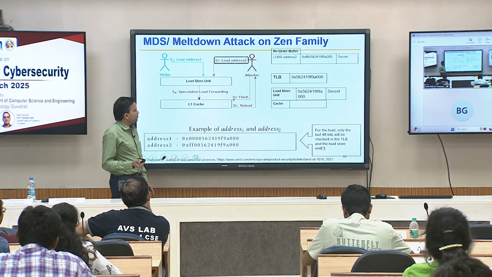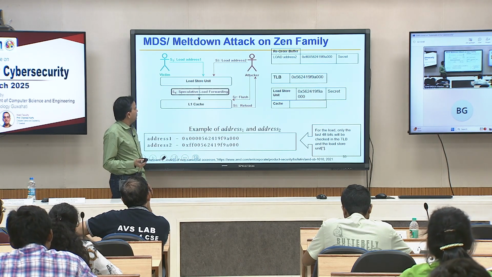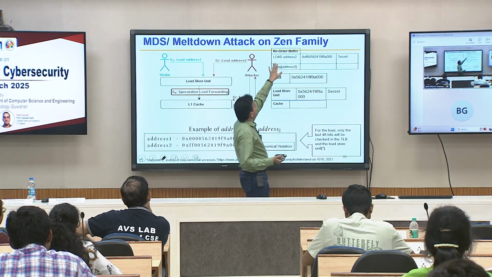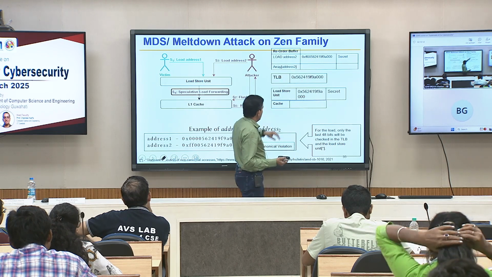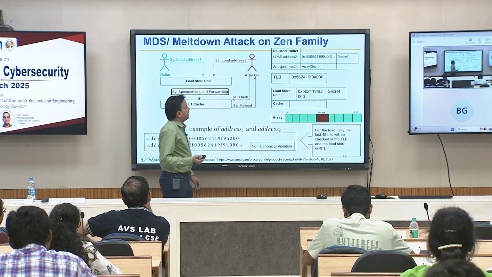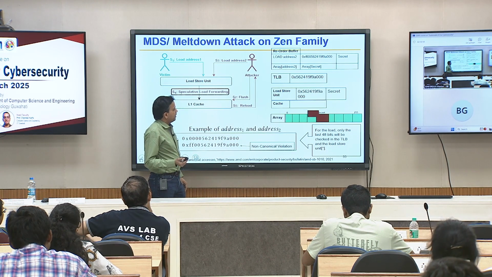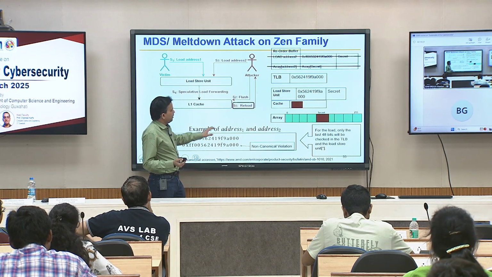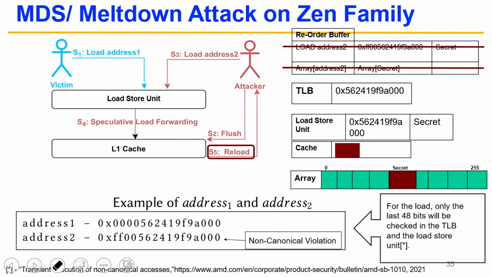Then it goes to the load store unit, which does speculative load forwarding. Remember the array of address 2: first it did load address 2, then the array of address 2. So at this point the array of secret gets in, and it is fetched to the cache. Then when you reload, you look at the time to see which of those locations are getting faster, and that location is actually your value.